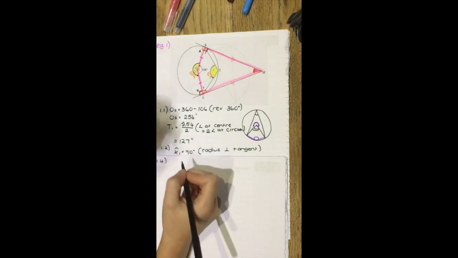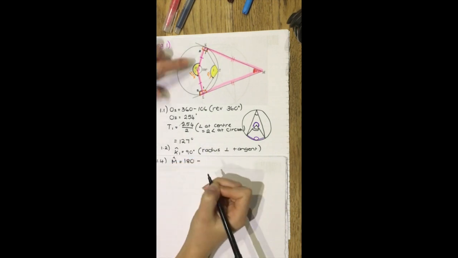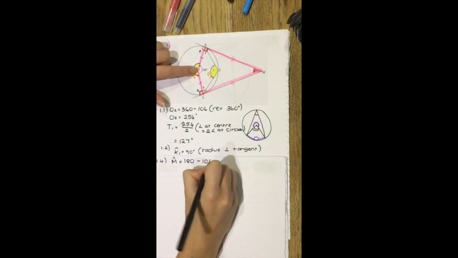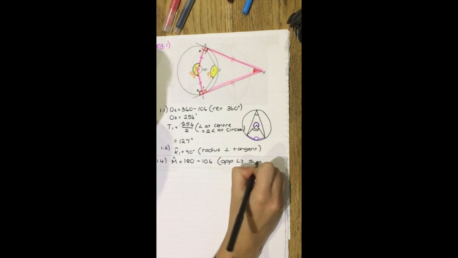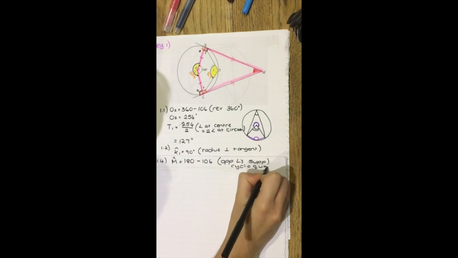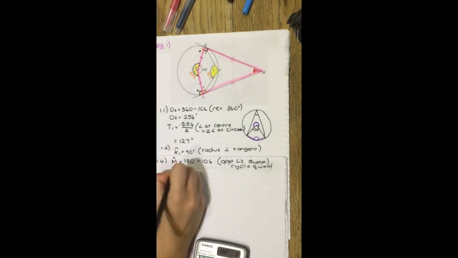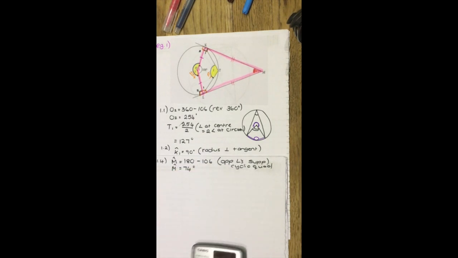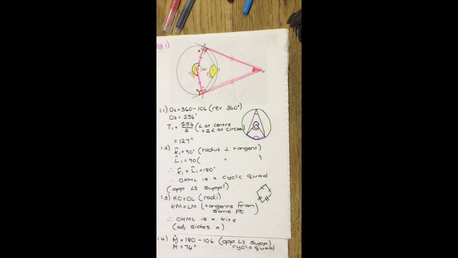So angle M will be equal to 180 minus this angle O1, which is 106, because opposite angles in a cyclic quad are supplementary. So 180 minus 106 is going to be 74. So angle M equals 74. This is your answer if you want to write it down as 1.1 to 1.4. I hope that makes sense.